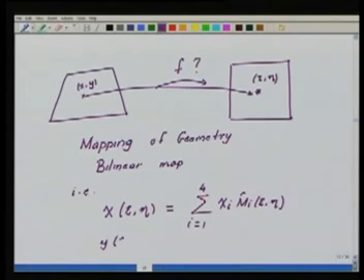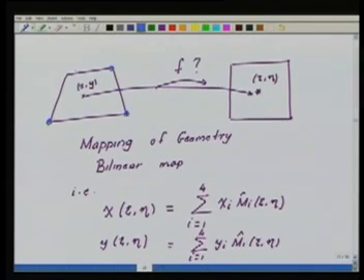Y as a function of ξ, η is the sum over i from 1 to 4 of yi mi hat (ξ, η). Where are these xi, yi's? These are x1 y1, x2 y2, x3 y3 and x4 y4.